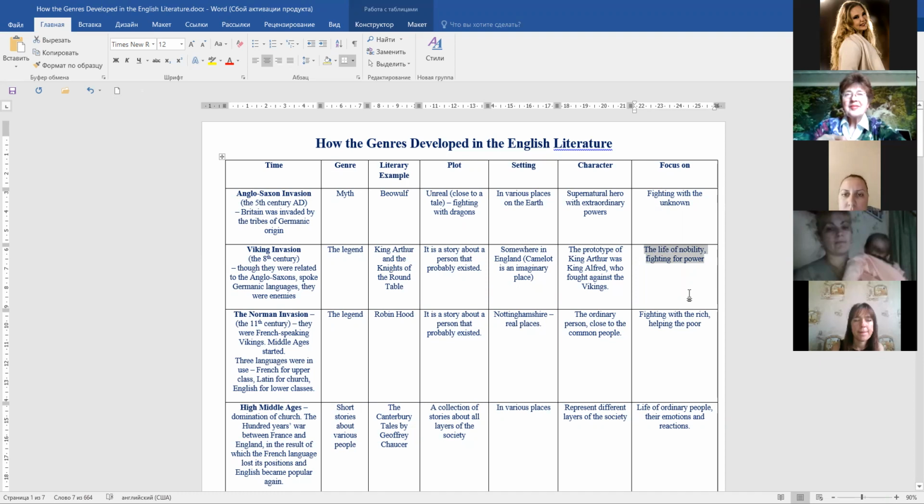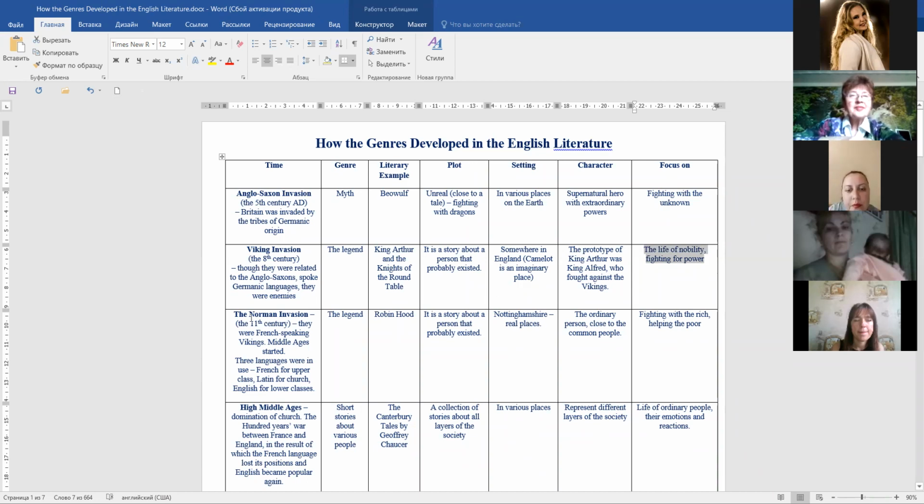It's nobility, and fighting for power. We can understand that these were the stories, but mostly the stories were inspired by the noble people, and probably they even existed among the noble people. So they fight for power, they fight against the enemies, and this is the life of the noble people.